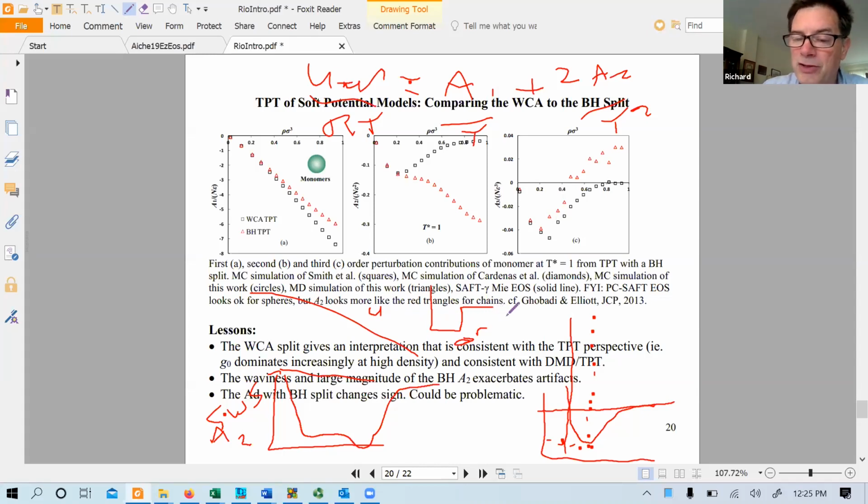And then there's something called the energy equation that says the big U is equal to rho over 2 times the integral of g, the radial distribution function, times u, the little u, times 4 pi r squared dr. It's not easy to do this.